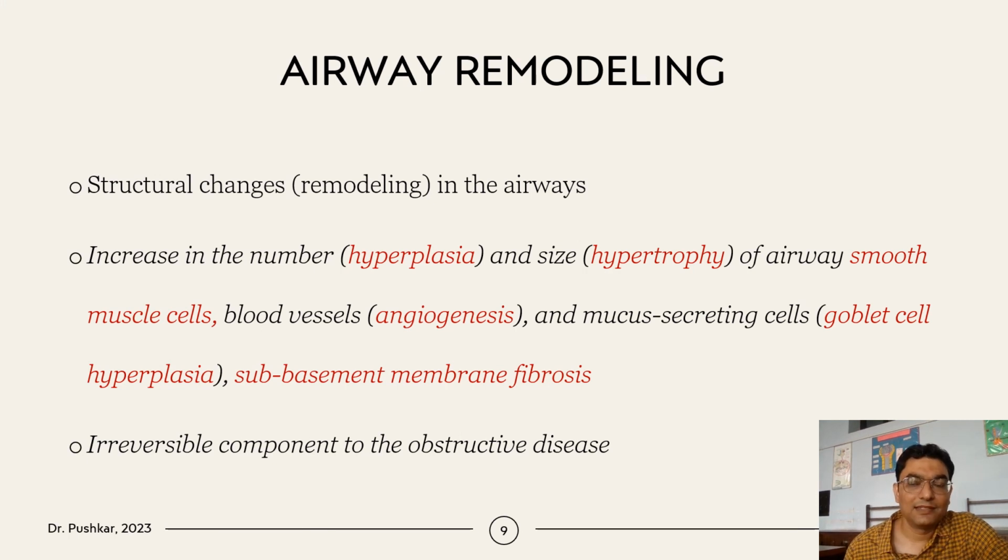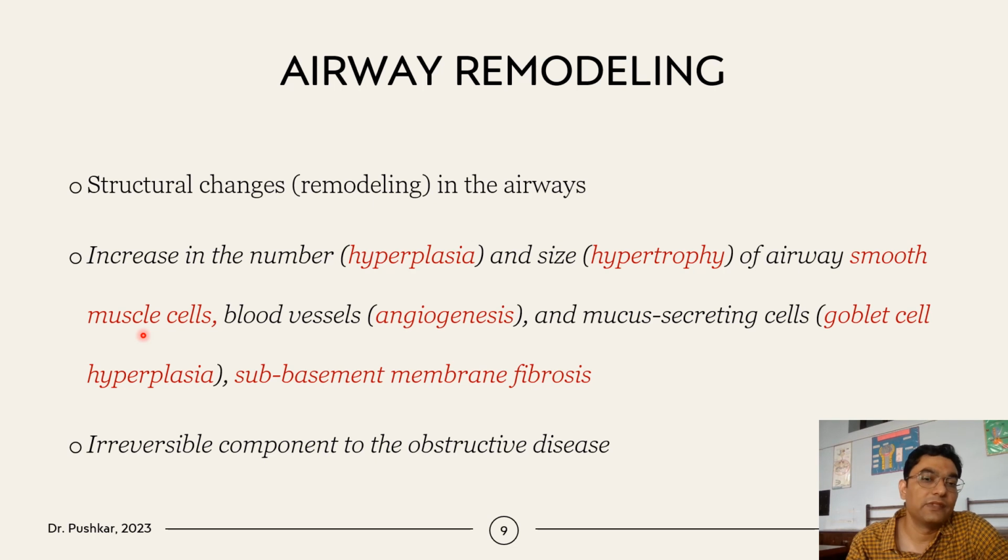If there is repeated triggering of the bronchial wall due to allergens or some other reasons, and repeated inflammation, it will lead to airway remodeling, which causes structural changes. The most important changes are an increase in the number, that is hyperplasia, and size, that is hypertrophy, of airway smooth muscle cells, so there is thickening of the smooth muscle.